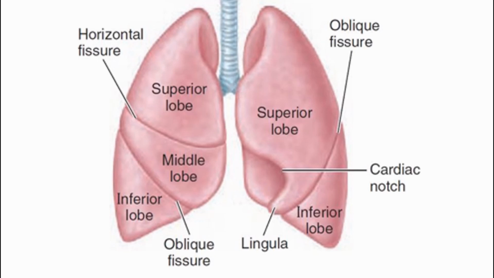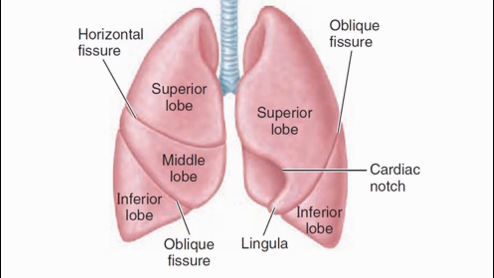Now, if you look at the lower border of the left lung, you can see an indentation that is not present in the right, and this is called the cardiac notch.